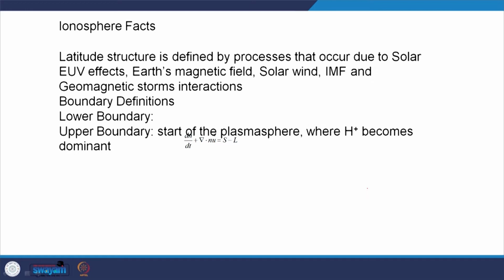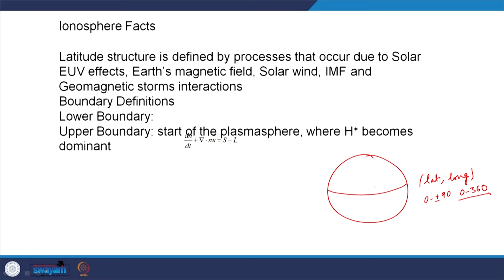Let us say, for example, if you consider the Earth, this is the equator. Any point on this Earth has a latitude and longitude. Latitude will vary from 0 to plus or minus 90, and longitude will vary from 0 to 360, right.